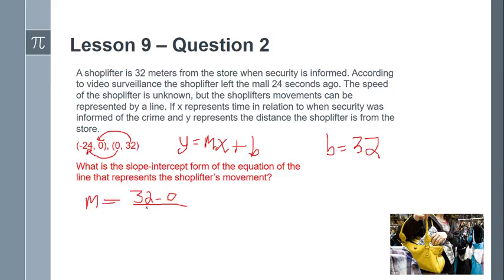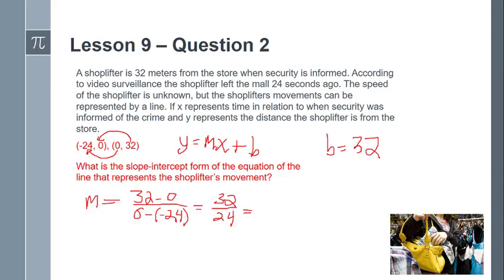It's the difference of rise over run. Notice how I write 0 minus a minus 24. So then on top here, we just end up with 32. And on the bottom, we end up with 24 positive, because the opposite of a negative is a positive.